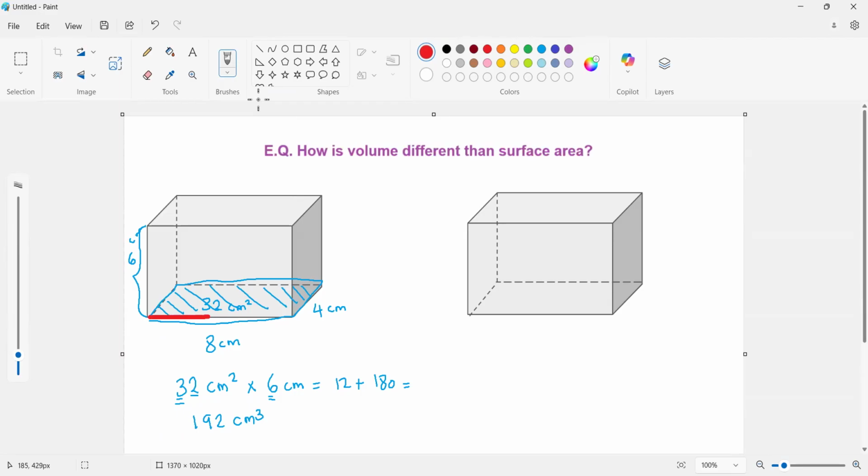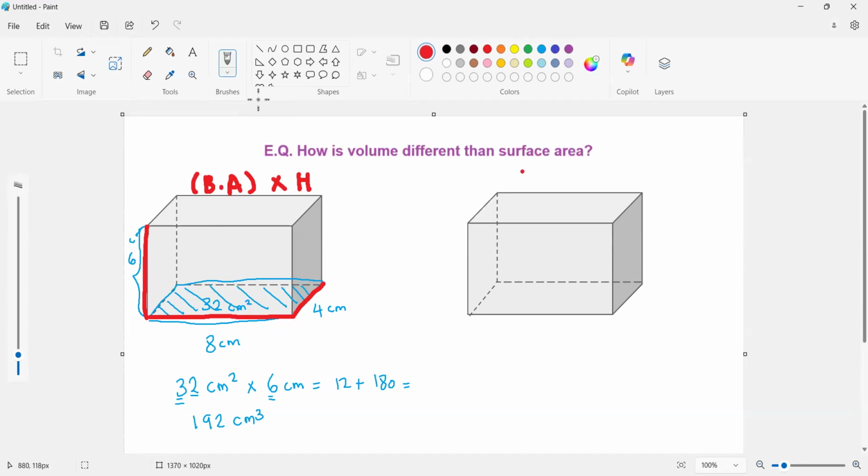We took the length times the width, and then we multiplied those two dimensions by the third dimension of a 3D object, which is the height. So the volume is base area times the height of your object. Okay?